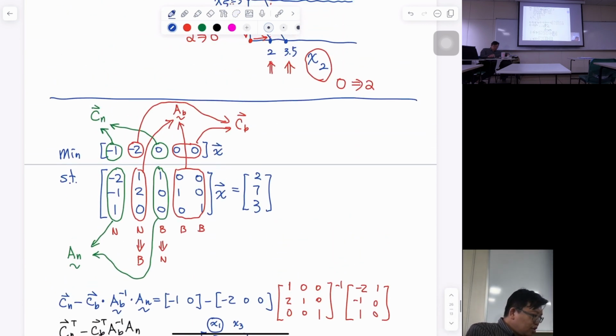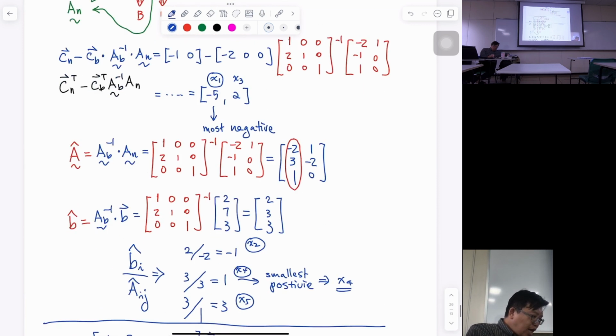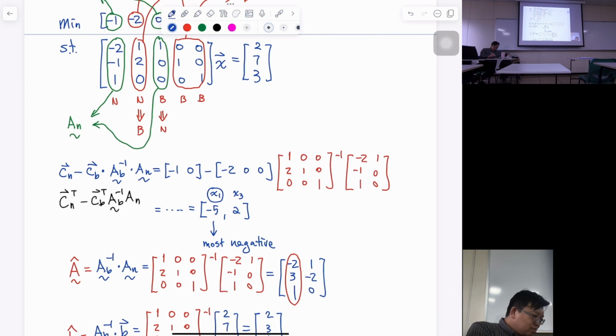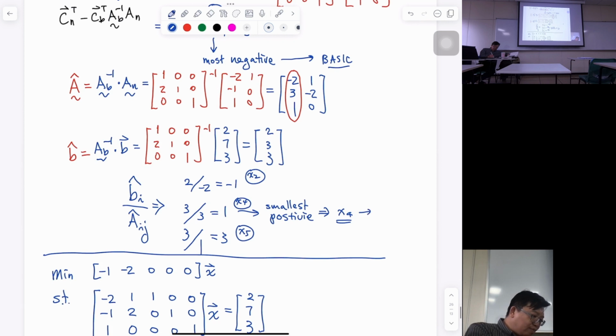So x1 becomes basic, and x4 becomes non-basic.